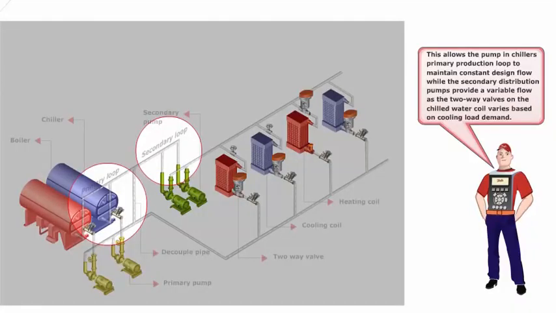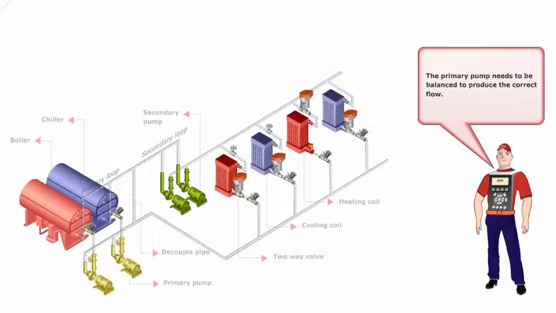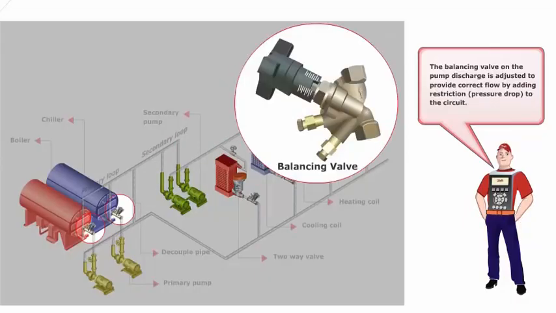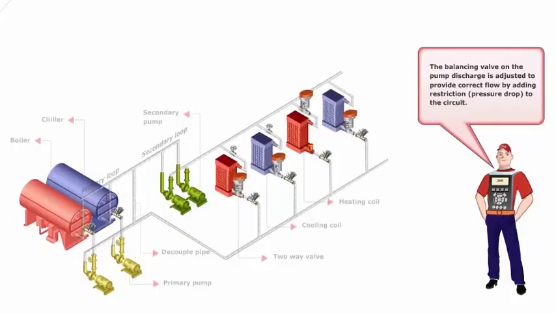This allows the pump in the chiller's primary production loop to maintain constant design flow, while the secondary distribution pumps provide a variable flow, as the two-way valves on the chilled water coil vary based on cooling load demand. The primary pump needs to be balanced to produce the correct flow. The balancing valve on the pump discharge is adjusted to provide correct flow by adding restriction to the circuit.